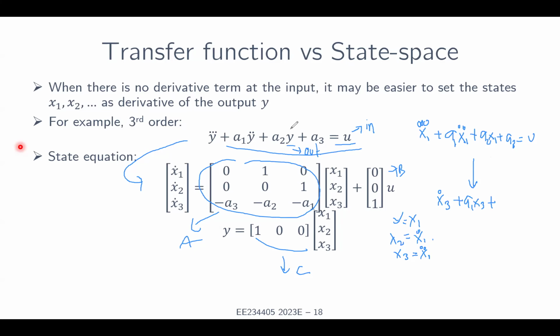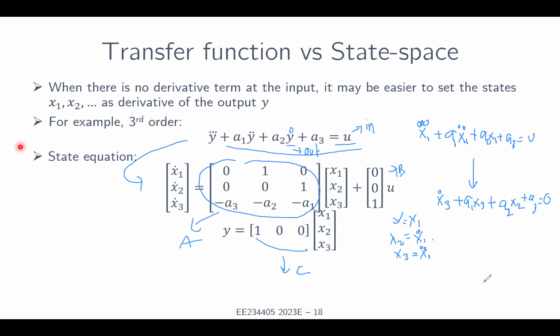Oh, sorry, this should be dot. Okay, let me change this after this. And this would be y. So that would be a2 x2 plus a3 x1, which equals 0.